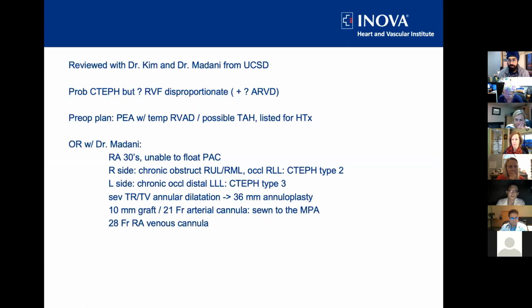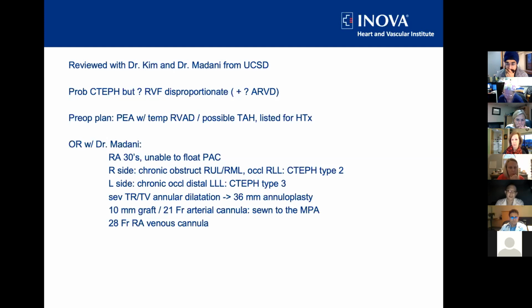And so with all the things that we had already discussed, we did move forward, and it was quite remarkable. Very much like the angiogram suggested, significant obstruction down to the right lower lobe, as well as on the left lower lobe side, and then all the findings for severe RV dysfunction.